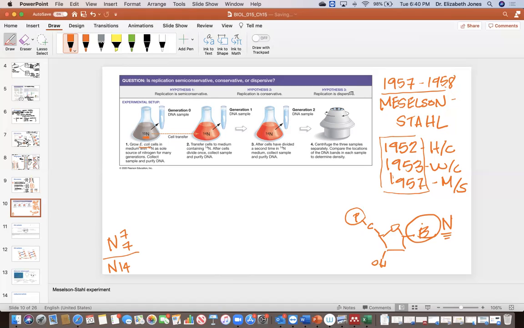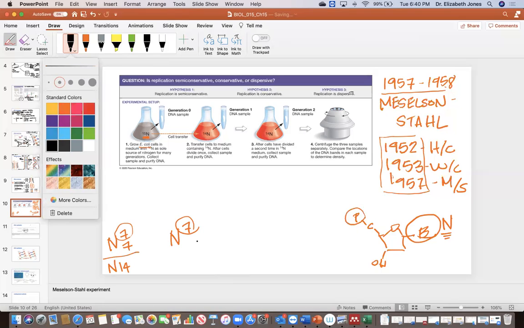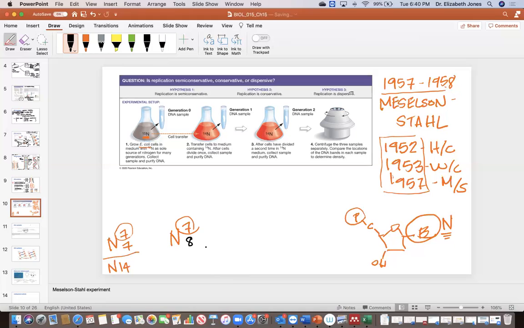But if you remember from earlier in our discussion about atoms in this course, there are things called isotopes where they have the same number of protons. So here's a nitrogen. It's going to have the same number of protons, 7. But this nitrogen has an extra neutron. It's got 8 neutrons.